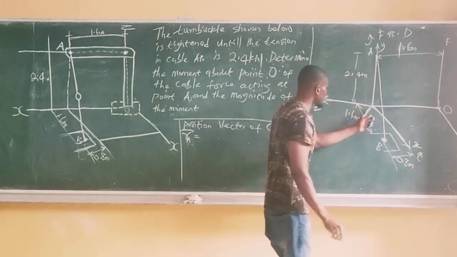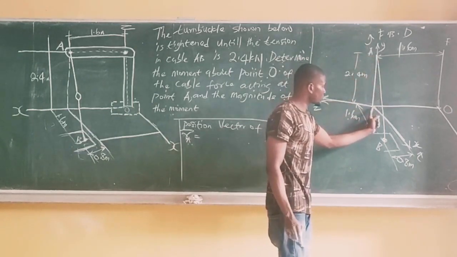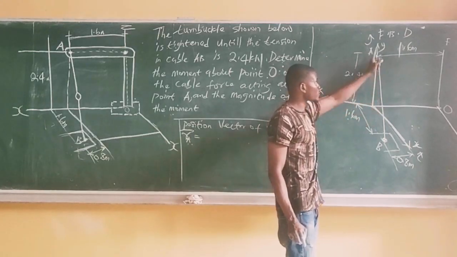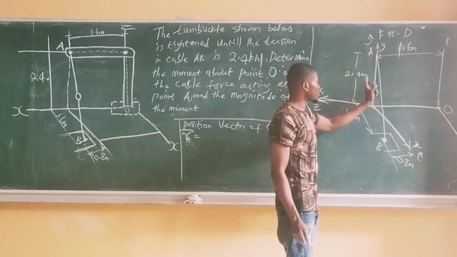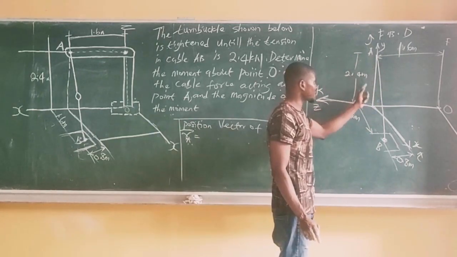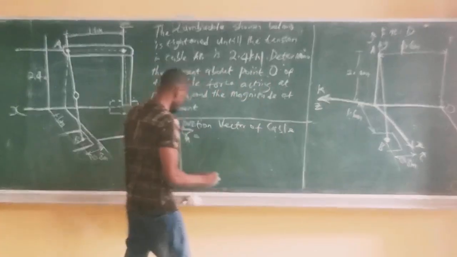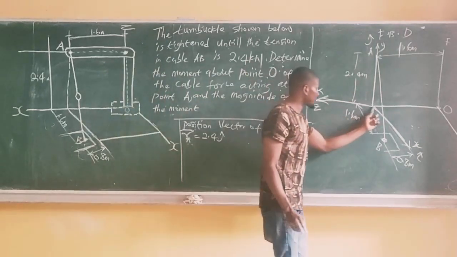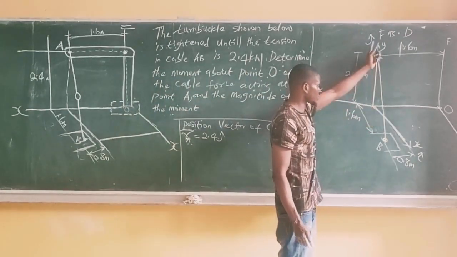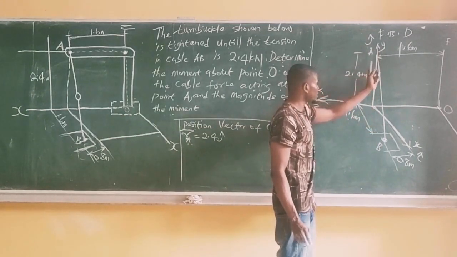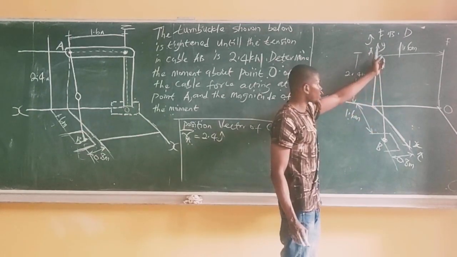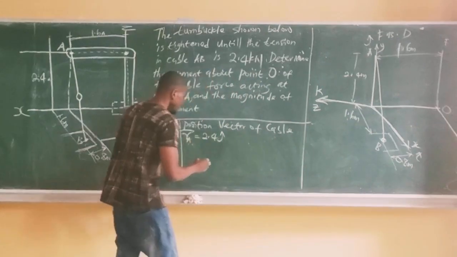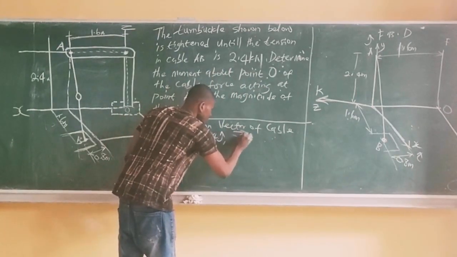Since you're moving upwards, you're going in the positive direction of Y, which is J. So the position of point A is 2.4 in the J direction, moving from 0 to 2.4 along the positive y-axis. Okay, that locates point A. Then to locate point B, we also move from the origin.